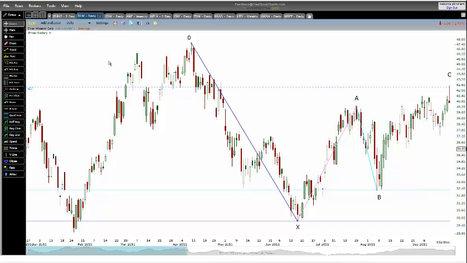Now in the next chart I'm going to show you, we're going to add one further step into the process. This is a chart of SLW, Silver Wheaton Corporation, and what I've drawn here is a Fibonacci retracement of the 0 to X move, and we can see that this dotted blue line is the 70.7 retracement level. And then I've also drawn what is called an extension or external retracement, meaning it's larger than the move itself.